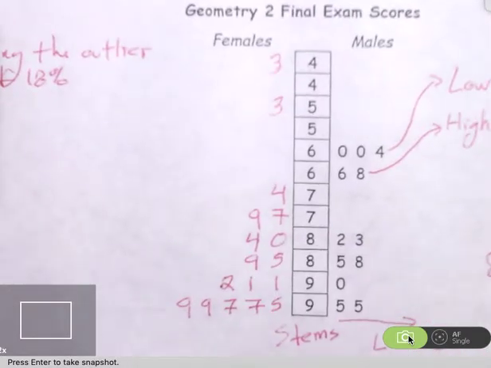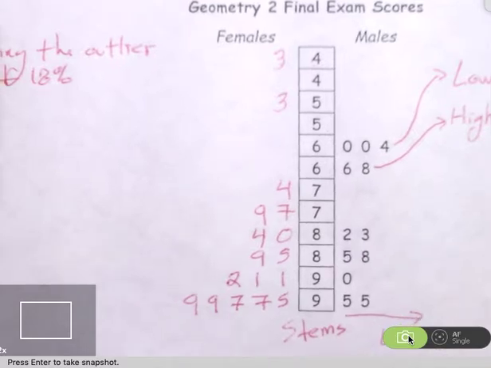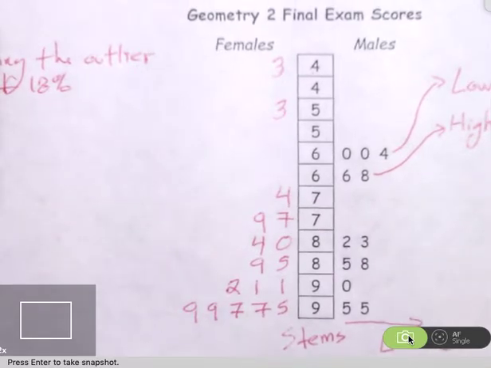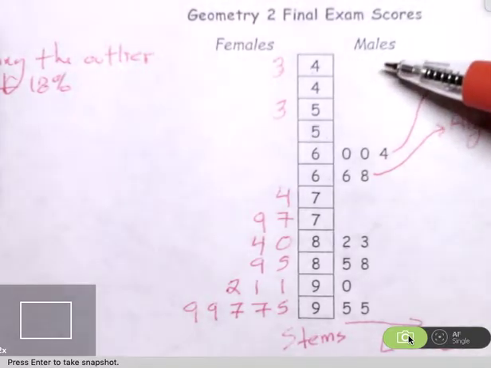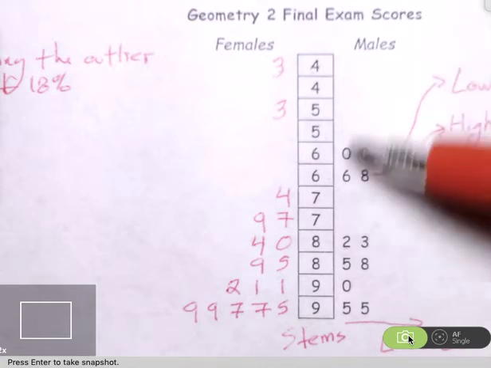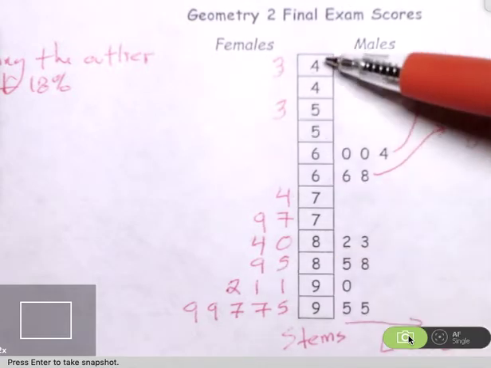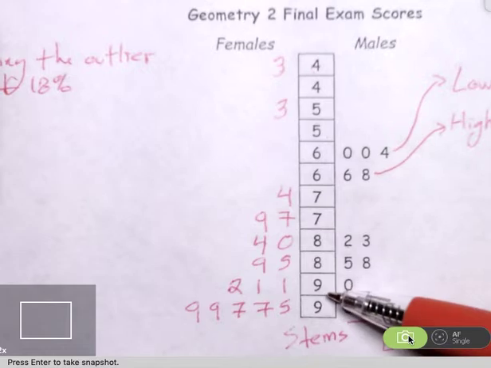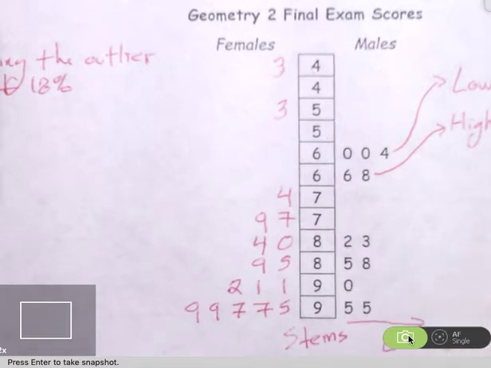This is actually not just a stem and leaf plot, but a back-to-back stem and leaf plot. It's a particularly convenient graph for making comparisons because the two data sets that I want to compare are already on the right and on the left. Because I'm using the same set of stems in the middle, they have, if you will, similar scales. It's easy to make them comparable because they're right next to one another.